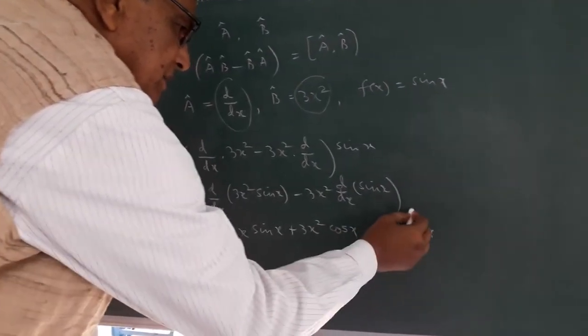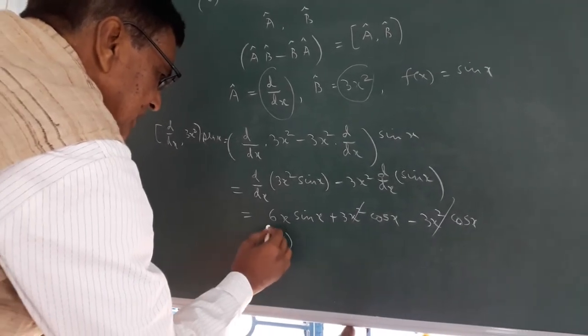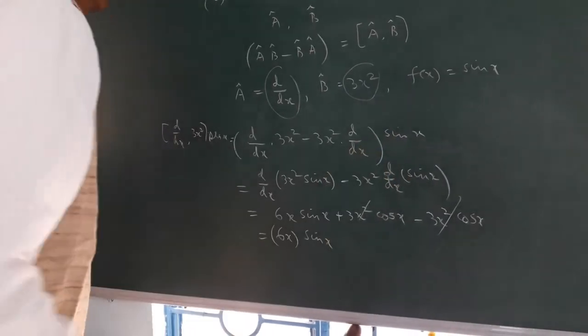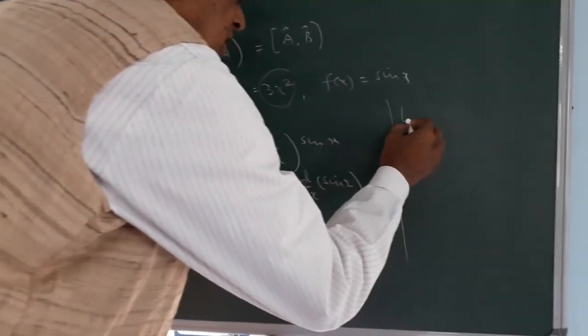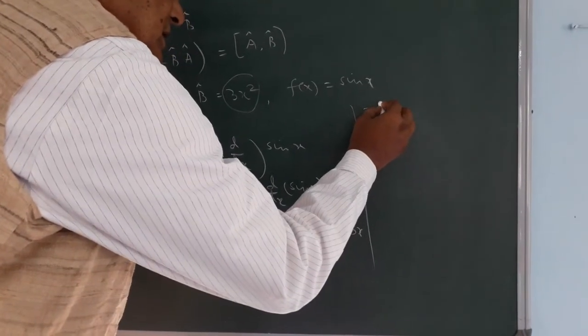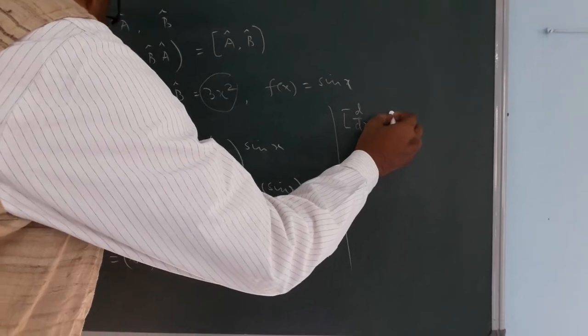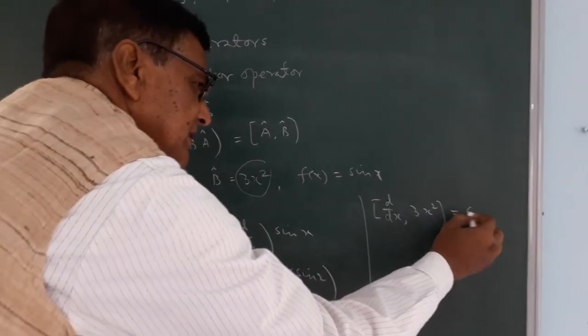So this term and this term will cancel and give 6x into sin x. Sin x is the function, so the commutator of d by dx and 3x square is equal to 6x.